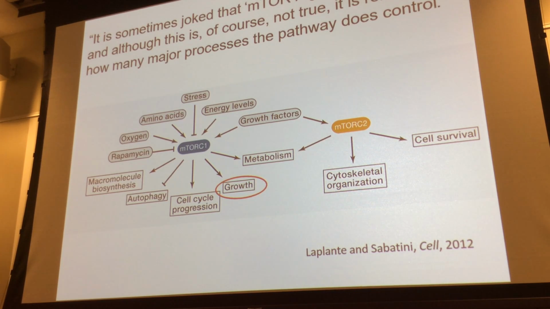So you see all these inputs, stress, amino acid, and energy levels, and all these downstream effects of mTOR. Obviously this is important for controlling metabolism, growth, cell cycle, autophagy, and macromolecular biosynthesis, including lipids.